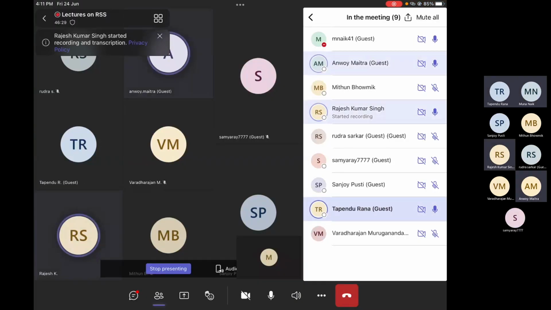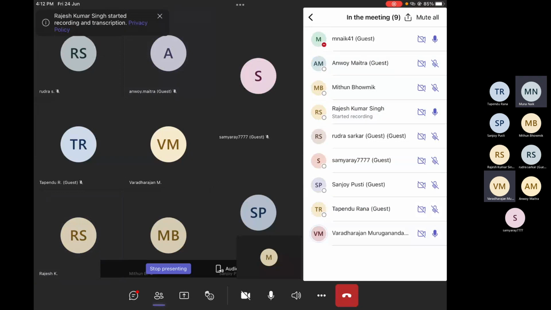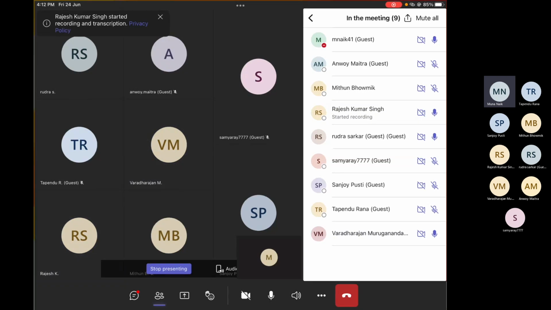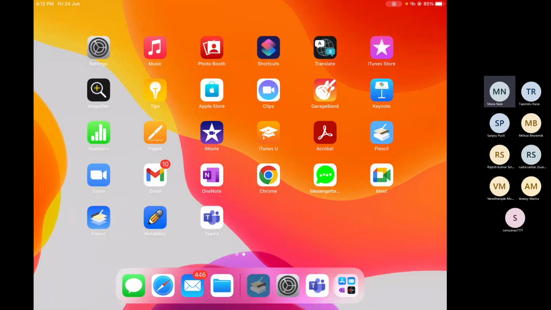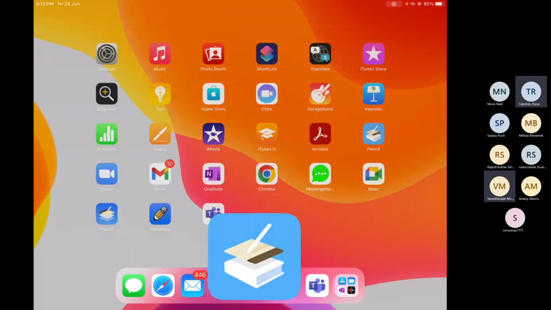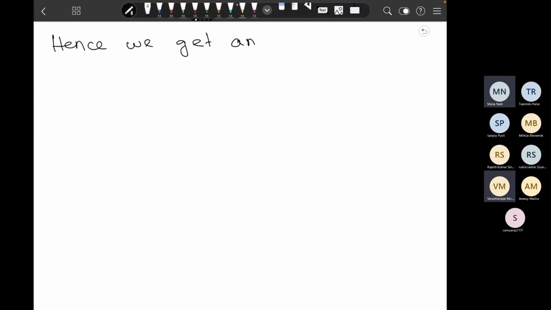Yes, Munna, I can hear you. Actually, there was a power cut. Okay, so you cannot see my screen? Can you see my screen? Yes, yes. What I have written? Now we can see. So there is a power cut. Actually, I am relying on my Jio mobile.